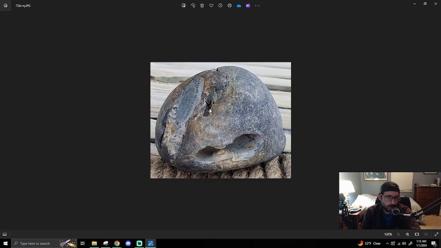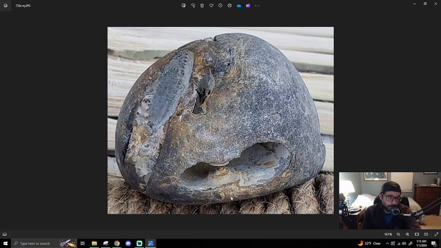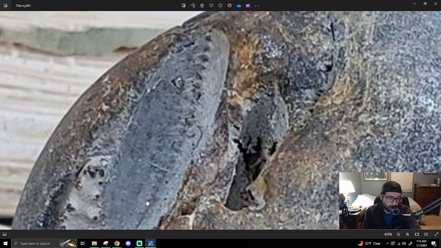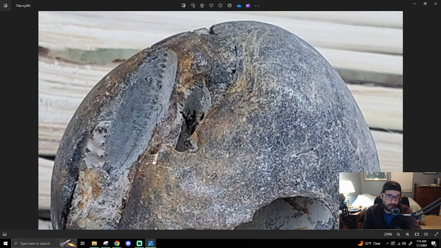Okay. This one, I believe, has some interesting features beyond this. So we got a large... If we just look at right here, it's got little nodes, like these dark spots in a row that ammonite shells can have. So it looks kind of like the exterior of a shell here, right to here.